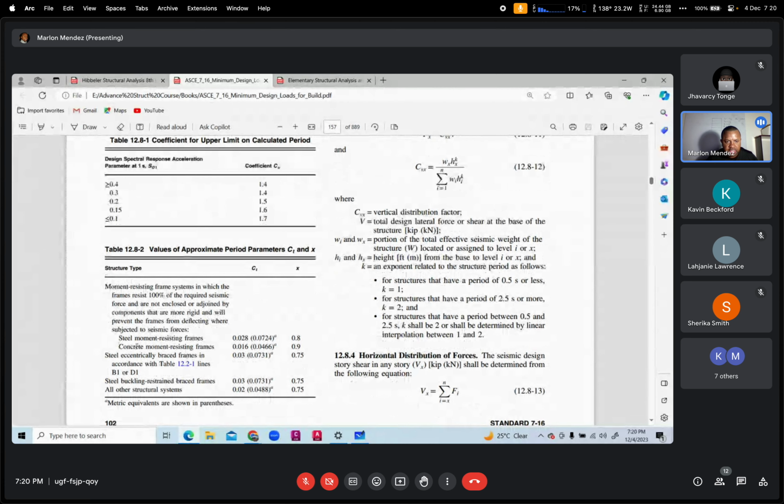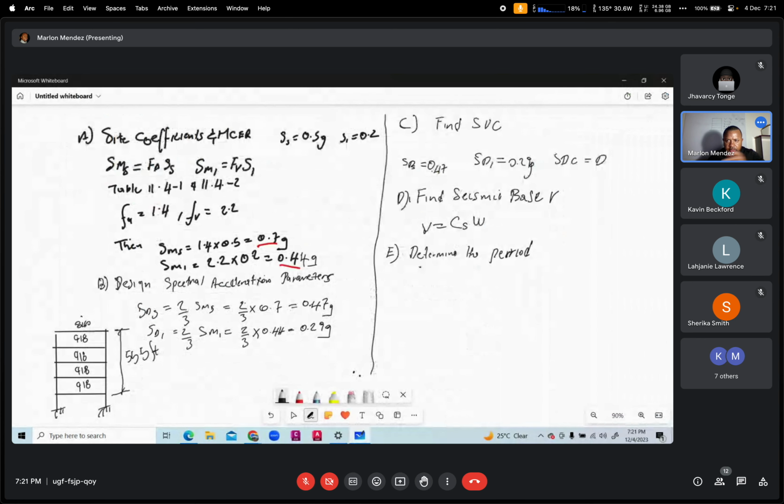We're dealing with a steel structure and a concrete structure, depending on what structure you're dealing with. So this is a table that we use. Based on that, we are going to input this information here. So you have an understanding there. So the period.